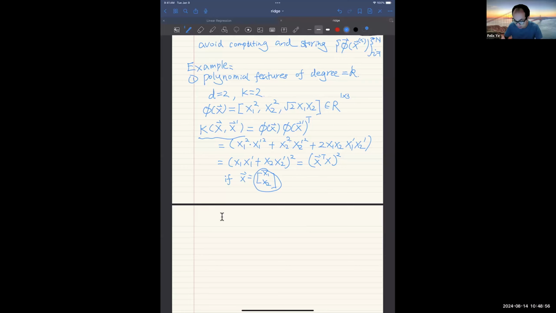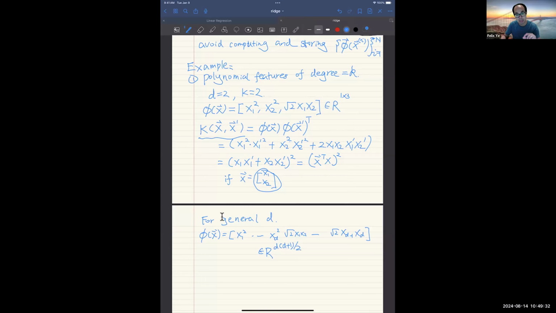And you can do this for the general d. Then this feature map will be more complicated. We are getting something like x1 squared to xd squared, square root of 2 x1 x2, and square root of 2 x_{d-1} x_d. So this has dimension d times (d plus 1) divided by 2.